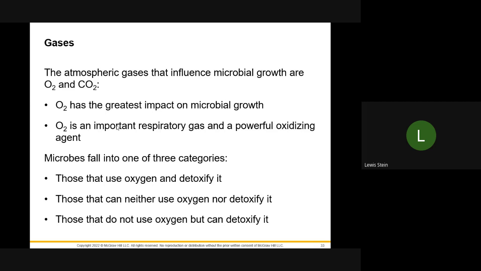Any oxygen utilizing organism has mechanisms to deal with these toxic derivatives of oxygen. That's the critical piece. In microlab, you will test for the absence or presence of one of these enzymes. It's got a very famous name called catalase.